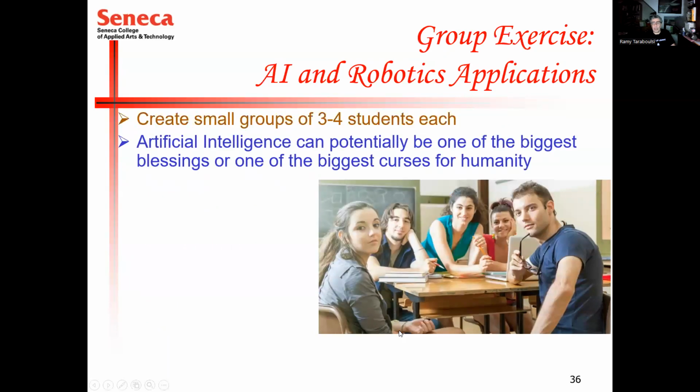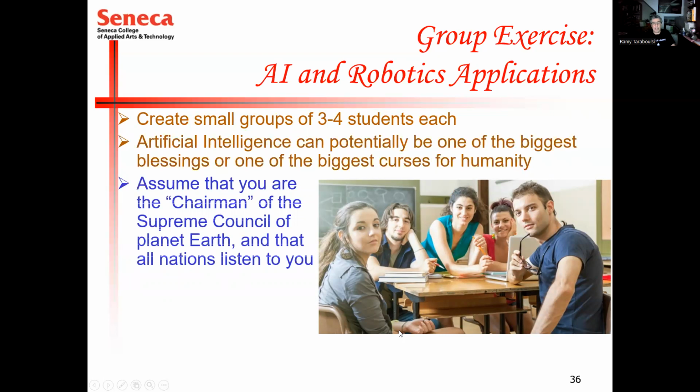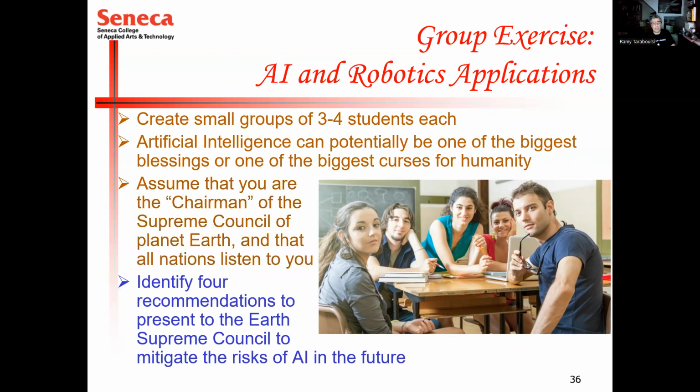In here, there was an open book question. And this open book question talks about what you would do to ensure that we don't have a problem with robotics specifically and AI. How can we ensure that AI maintains its morality going forward? Before you look at the answer at the bottom of the slides for that particular question, what I need you to do is to try to answer it yourself.